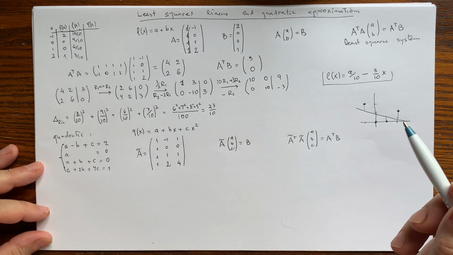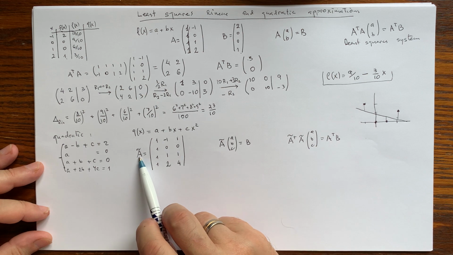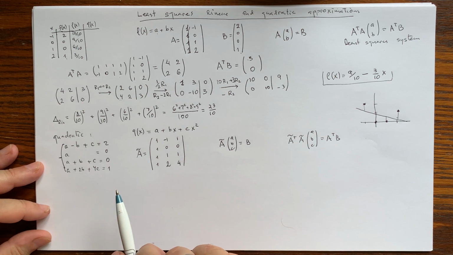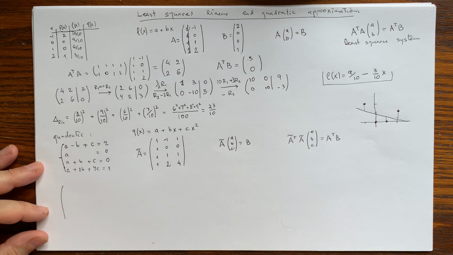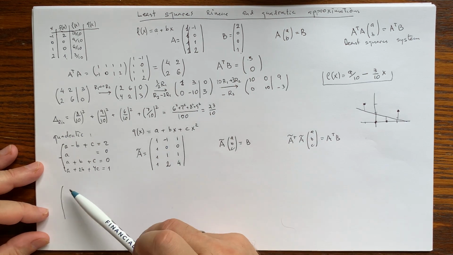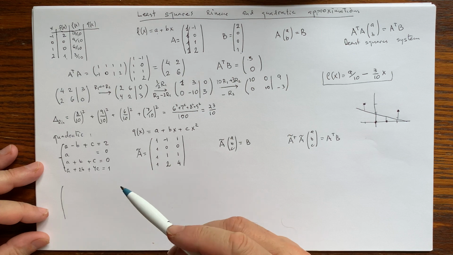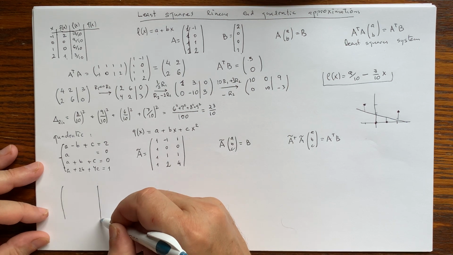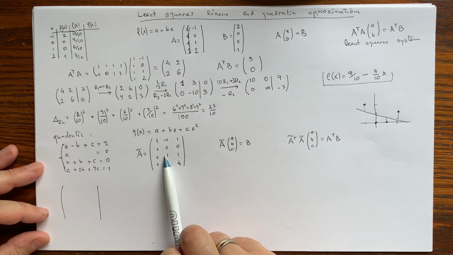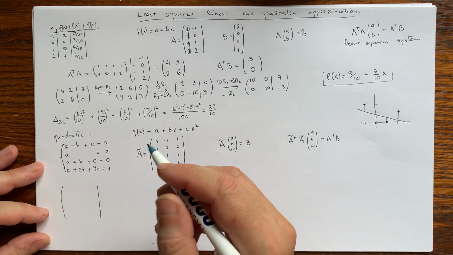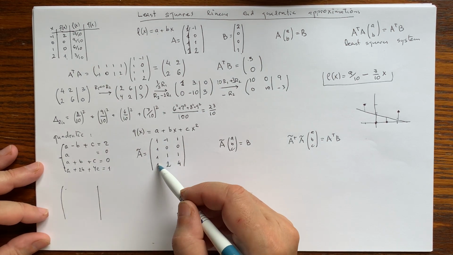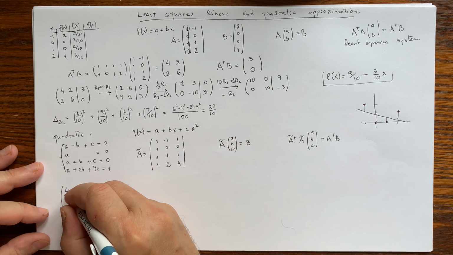So what is A transpose times A? Let's just compute it quickly. As before, we are computing the symmetric 3 by 3 matrix with entries being scalar products of columns. The first entry is the scalar product of the first column with itself, which is 4.